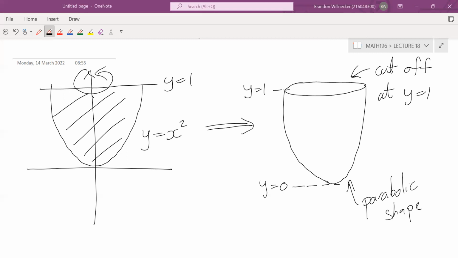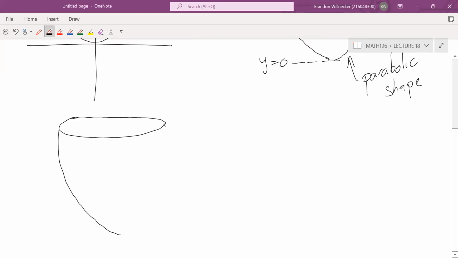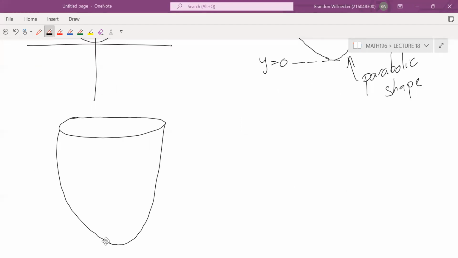So we've got our shape. Now we want to find the volume of the shape. So let's just redraw it neatly so we can fill in the bits. We've got our parabolic shape. We want to find the volume.